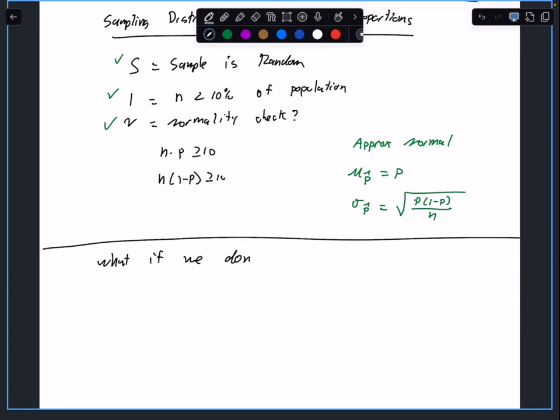But what if we don't know P, the parameter?